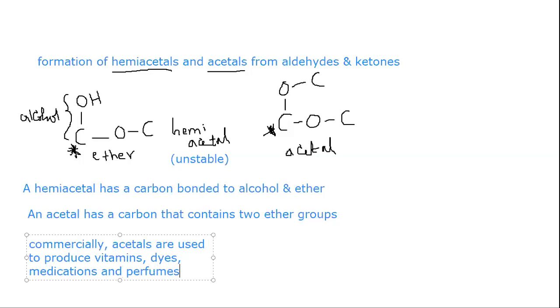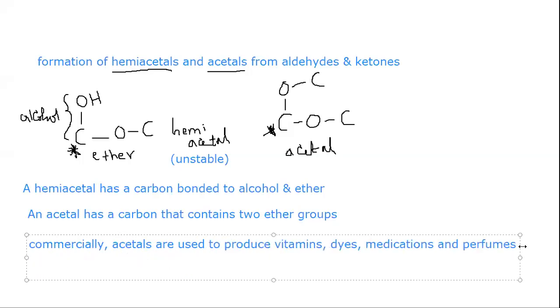So these acetals are used as a starting material to make vitamins, dyes, medications, and perfumes. If you guys are done, I would like to show you some structures, some commercial compounds, like rose acetal, pamplemousse acetal, and so on.